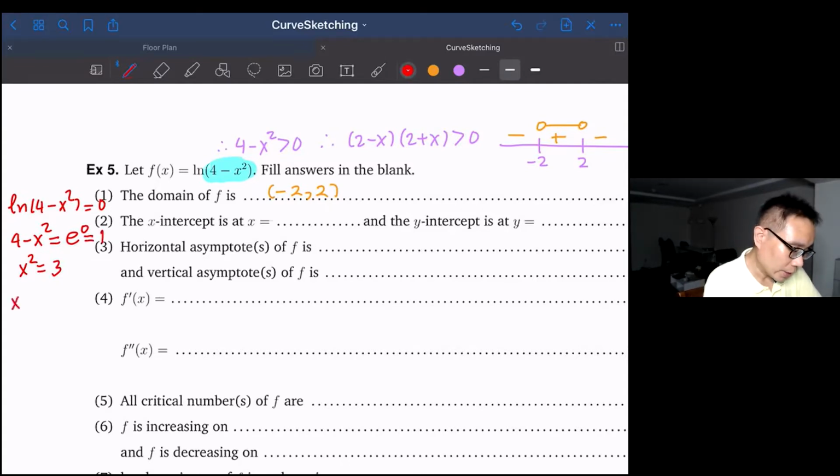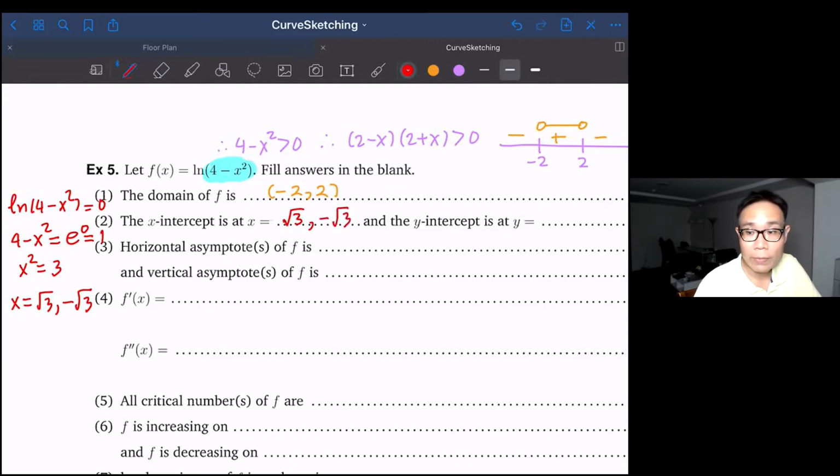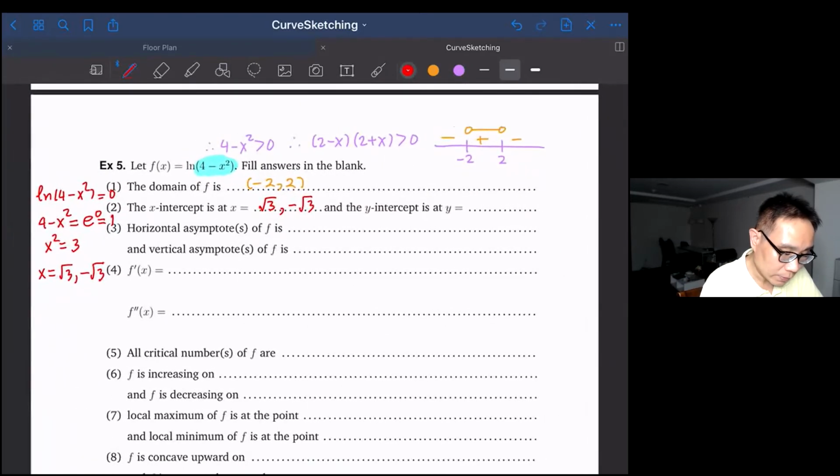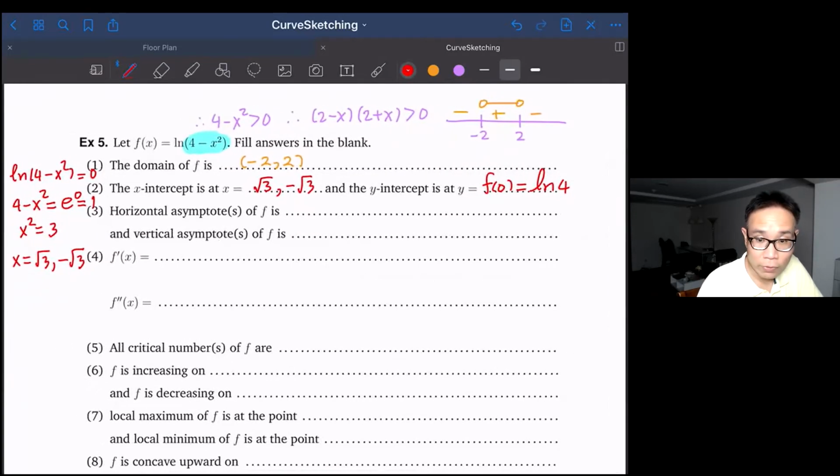So x equals root 3 and minus root 3. This will be your x-intercept. So it intercepts the x-axis at root 3 and negative root 3. And the y-intercept will be f at 0, which is log 4.